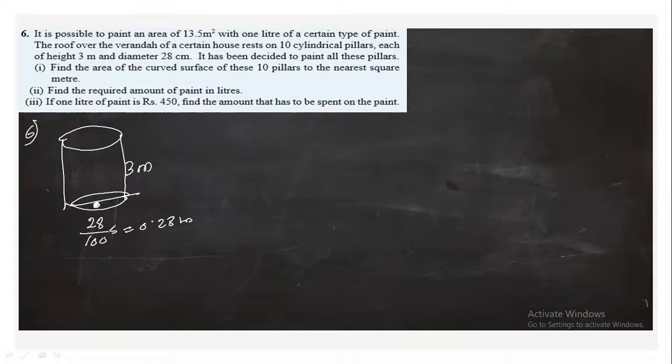If you write it as a radius, you divide it by 2. Radius is 0.28 divided by 2, that is 0.14. Then what they are asking is to find the area of the curved surface of these 10 pillars to the nearest square meter.